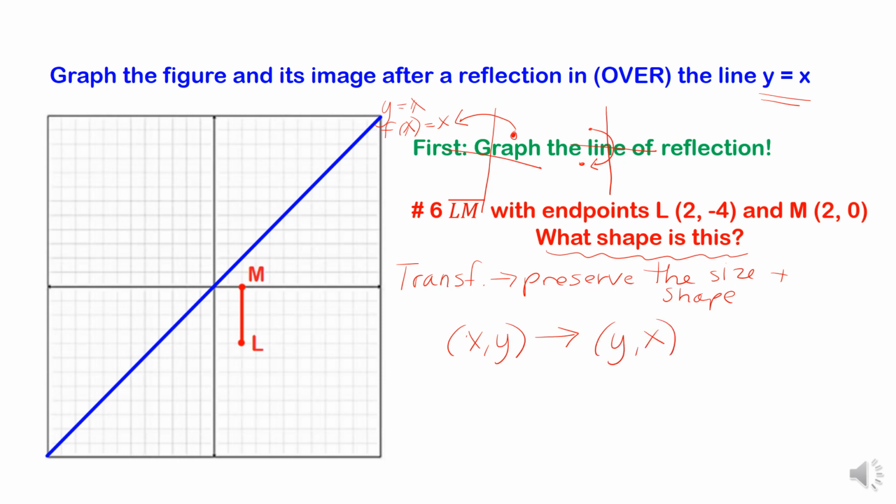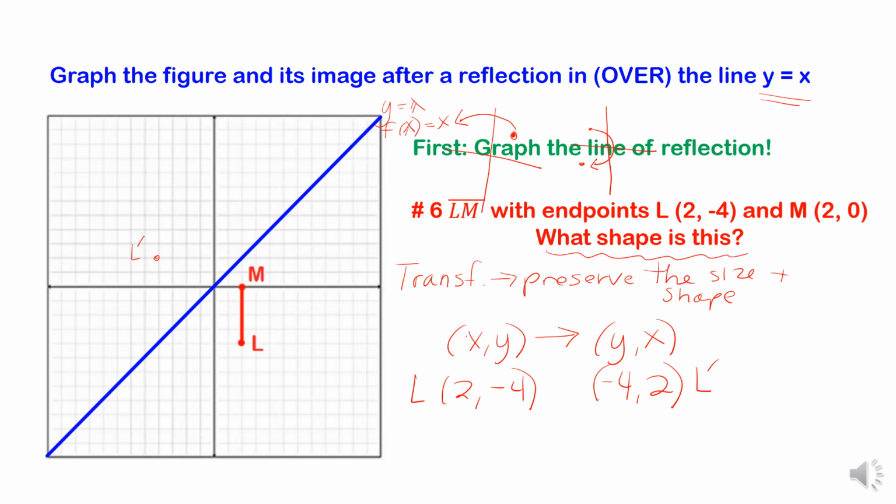And so I'm going to take point L, which is (2, -4). That means that will be (-4, 2). And that's my L prime. So I'm going to graph that. 1, 2, 3, 4, 1, 2. And that is L prime.